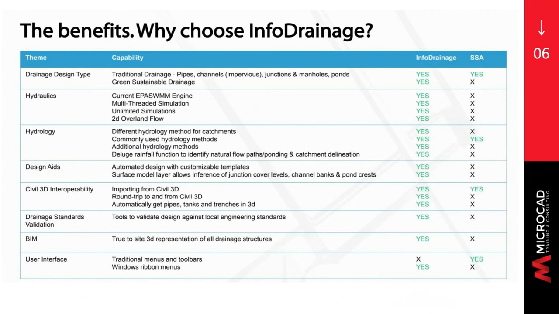And then they have a feature called Deluge. And what this does is this shows a map that helps you identify natural flow paths in your site. Okay, so that's a feature only of InfoDrainage, not of SSA or Storm and Sanitary Analysis. I'll try not to use acronyms if possible. Okay, and then there's some automated design that you can do.